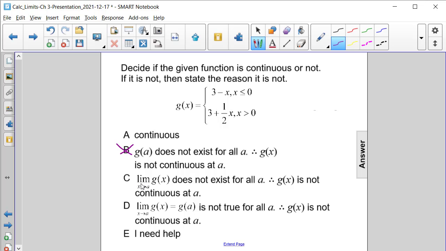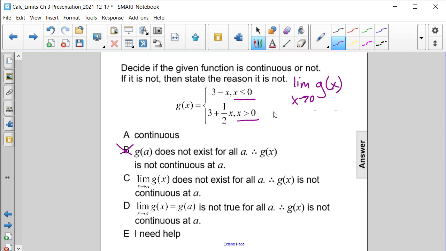Now we have to see if the limit of g of x as x approaches a exists for all a values. Well, the real main point in question, since we have two lines, is where the two lines would come together, or where the change occurs, which is 0. So the question is, what's the limit of g of x as x approaches 0?